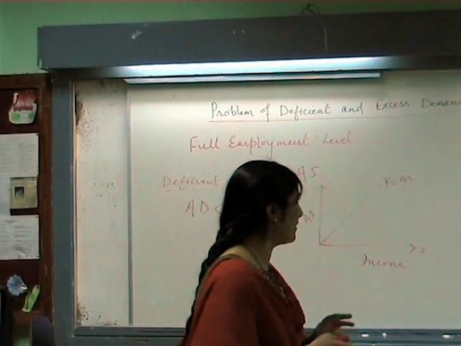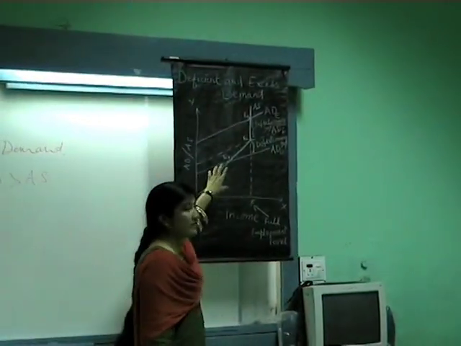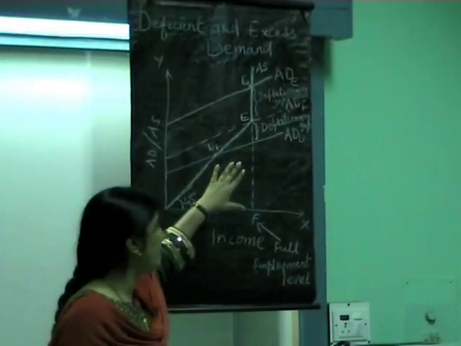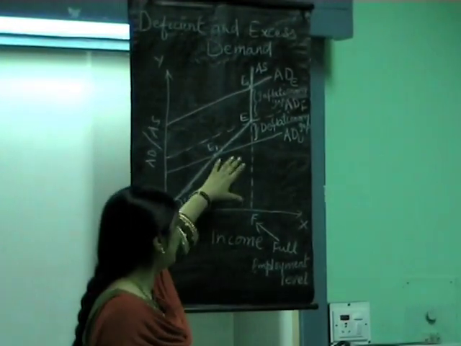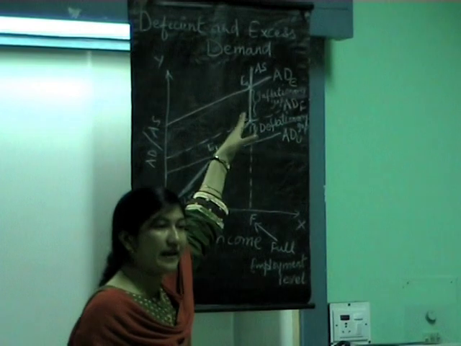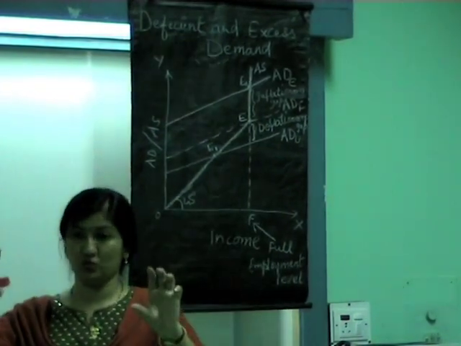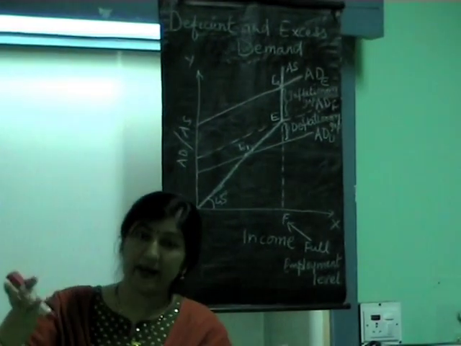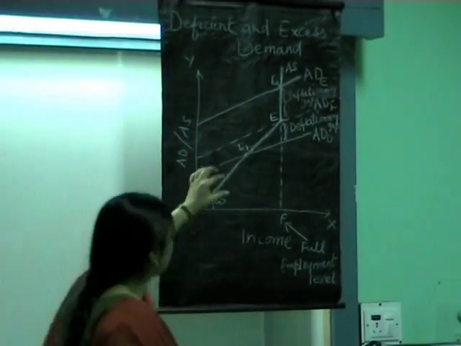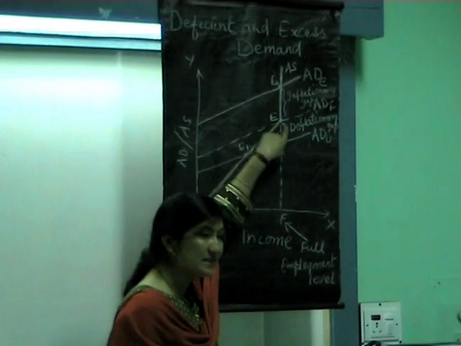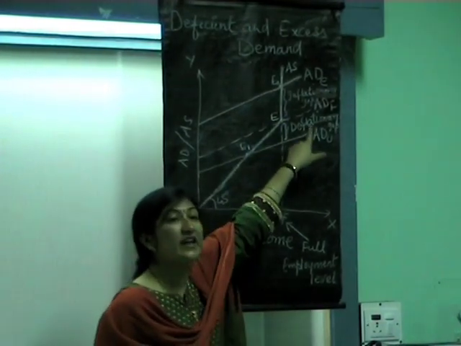Now there is something which we should understand and remember. In the situation of deficit demand at full employment level, aggregate demand is less than aggregate supply. So a gap is created between them. Which two? Aggregate demand and aggregate supply. This gap is known as deflationary gap.